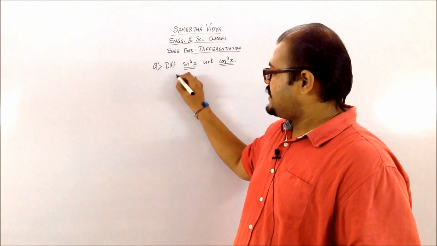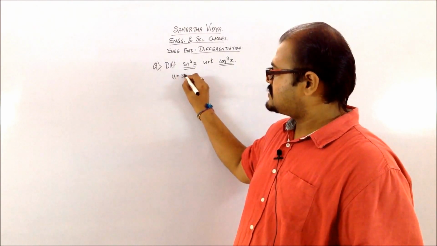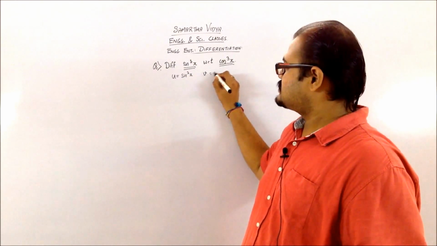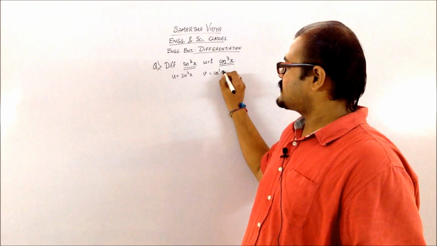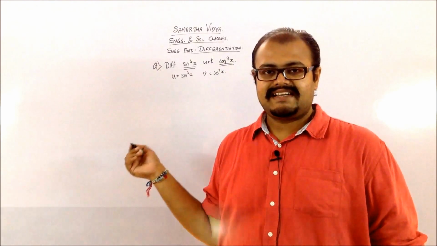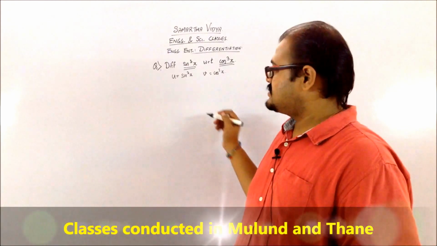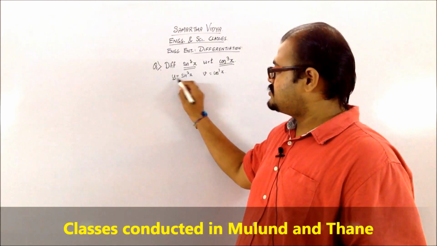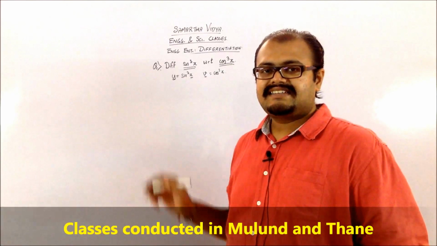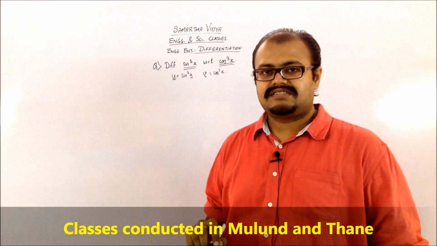You can take sine cube x as your u and cos cube x as your v. Now if you apply the parametric equation topic here, you have u and v as functions of x, so x is acting like a parameter.